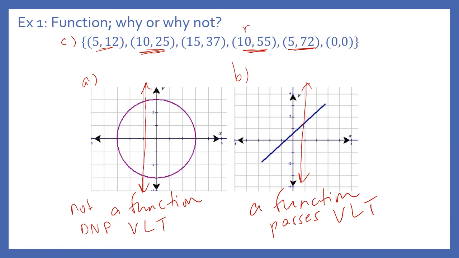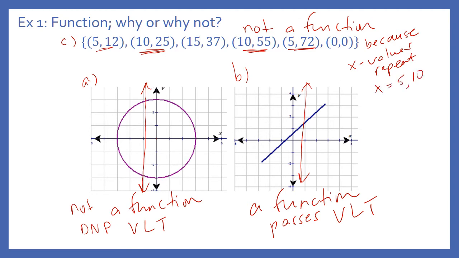So not a function. If you did graph this, you could say it does not pass the vertical line test, but since I did not graph it, I can't say that. So not a function because x values repeat, and we can be more specific: the repeating ones were x equals 5 and 10.